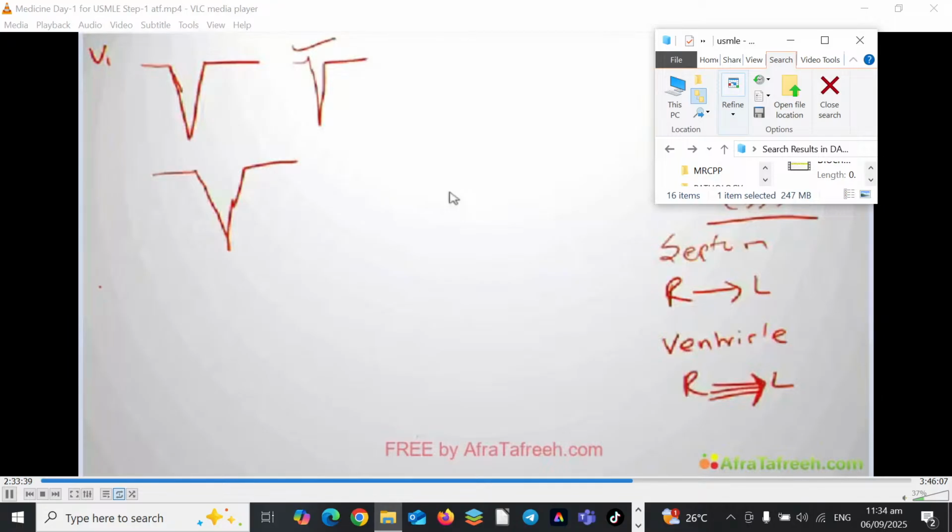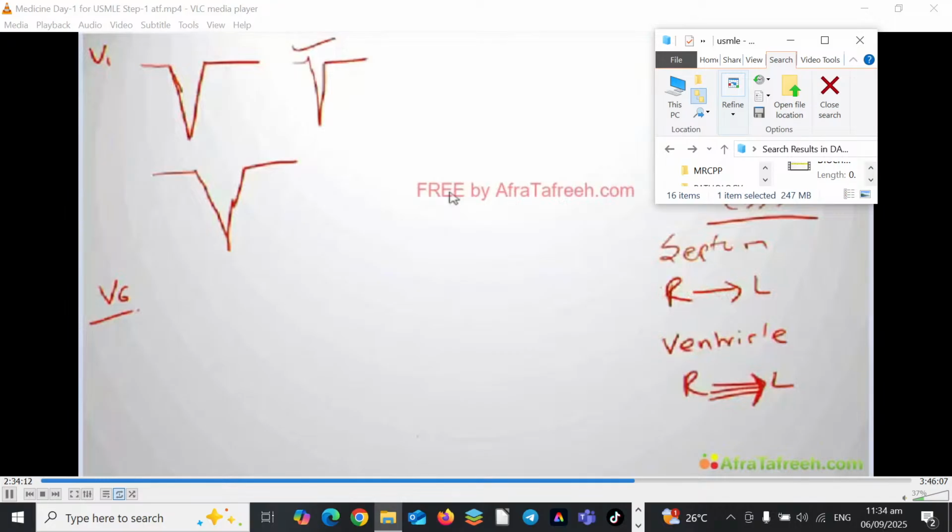When you talk about V6, as we discussed, a left-sided pathology would be best visualized on the left side. We just spoke about it. So for the left side, the septum goes left to right, resulting in a positive deflection. The ventricles go right to left. Now that would result in a positive deflection. That means everything is now moving towards the left side.